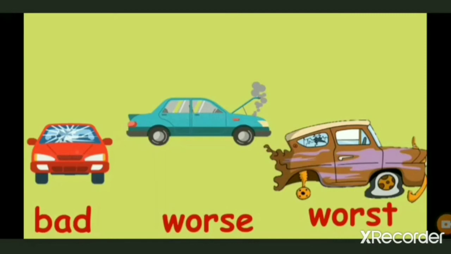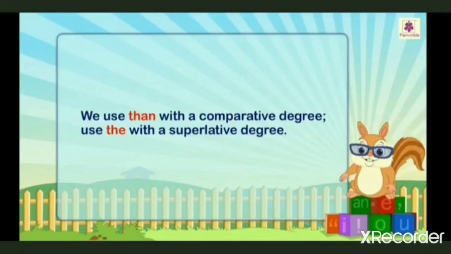So this is the difference between regular and irregular adjectives. One more point: we use than with the comparative degree and we use the with the superlative degree. Always remember it.